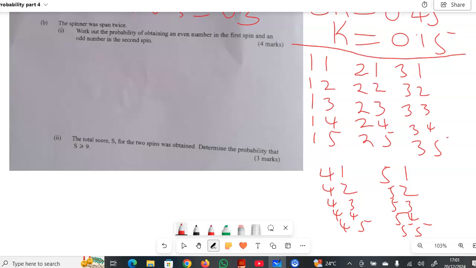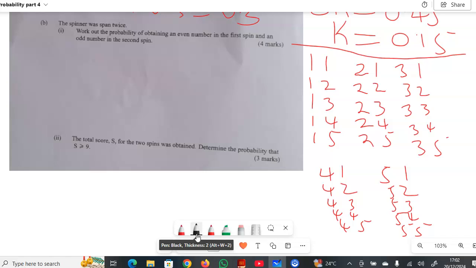To answer our question, we are required to get the probability of obtaining an even number in the first spin and an odd number on the second spin. So for the first spin, we either have 2 or 4 being an even number, and then the second number being an odd number.